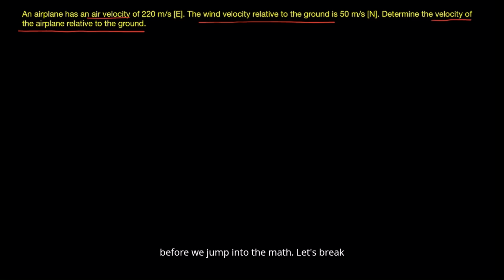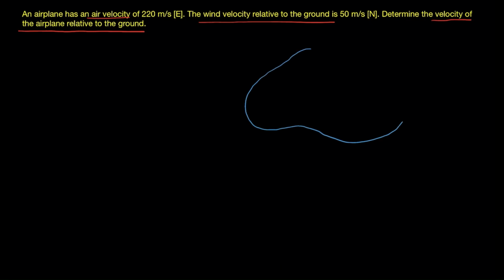Okay, before we jump into the math, let's break down exactly what these terms mean. First, we have the air velocity. What does that mean? The plane's air velocity is not the speed relative to the ground. Okay, it's the velocity relative to the air. Think of it like this. Imagine the air around the plane is a giant invisible bubble, and the plane is flying inside this air bubble.